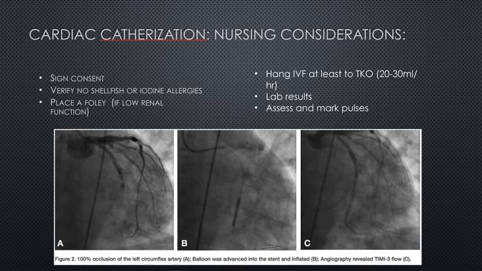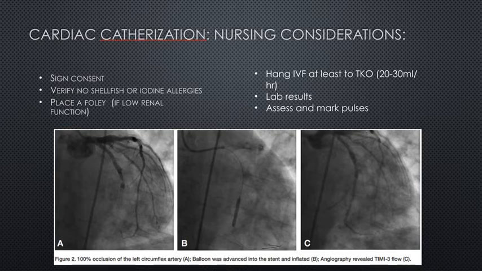We will also verify that they don't have any shellfish or iodine allergies because they will be getting IV contrast. If your patient has low renal function, we may want to put a Foley catheter in them because the IV contrast puts them at an increased risk for acute renal failure. And so we're going to watch urine output very closely.